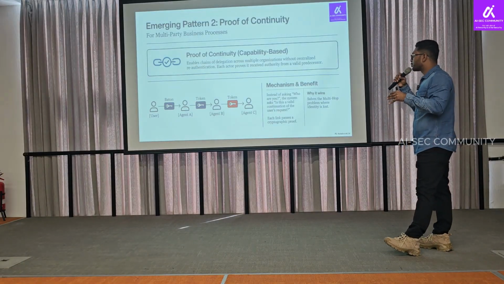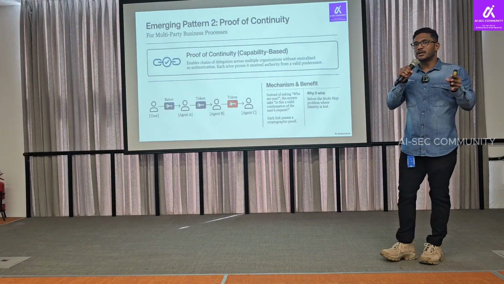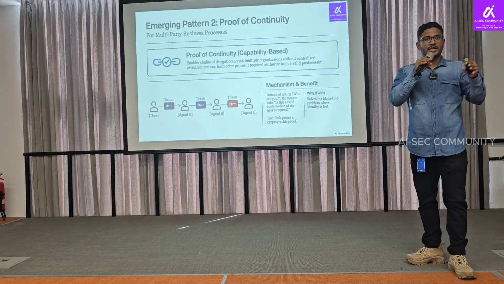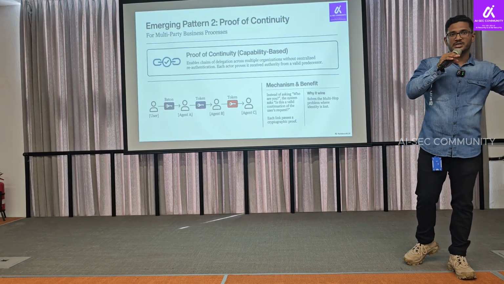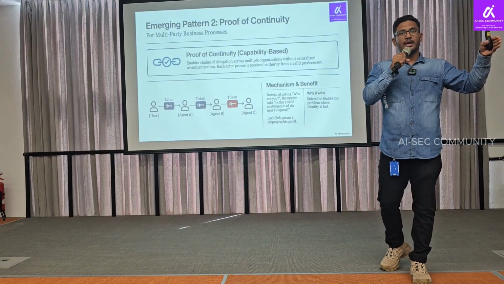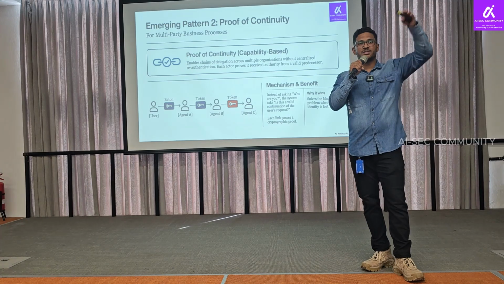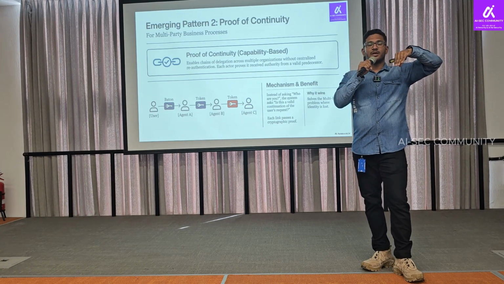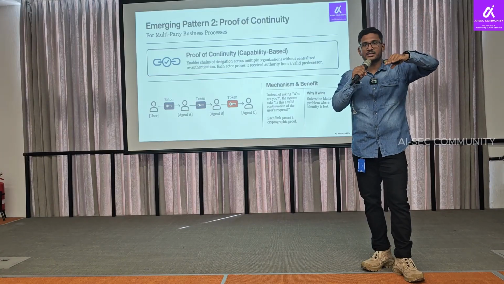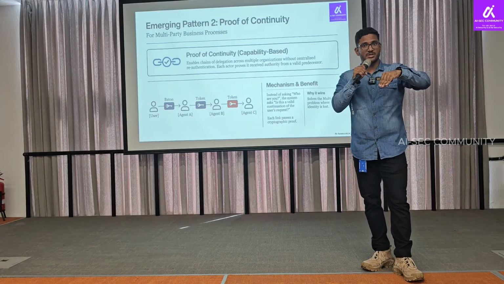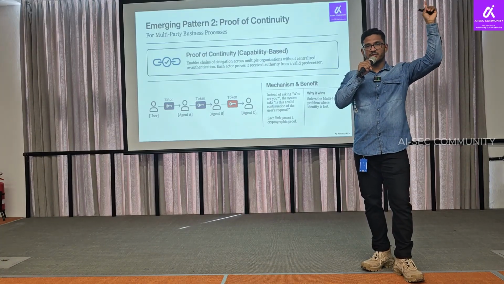And the second one is proof of continuity. Here, this especially solves the problem where agent A spawns agent B spawns agent C, and the delegation chain keeps on going. Now, instead of going back to a certain central server again to verify whether this agent is able to delegate that task, or whether this agent is supposed to perform a certain task, it does not go to the central server.